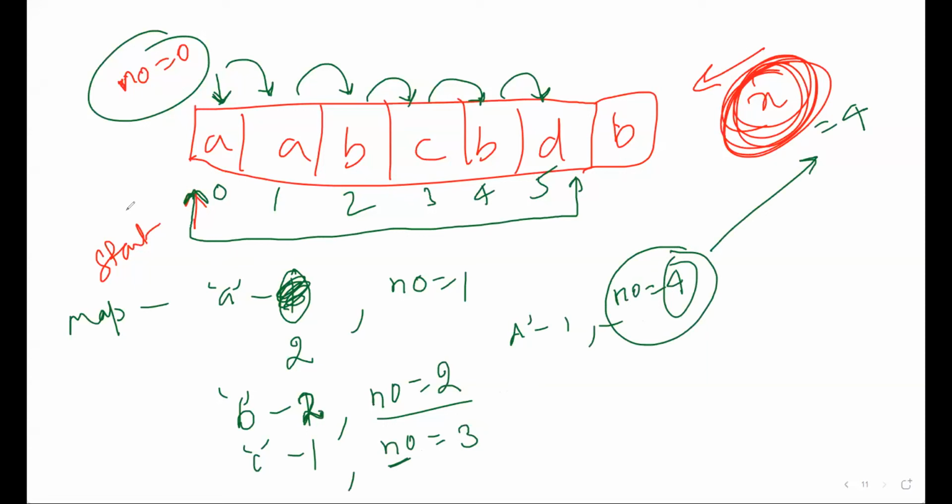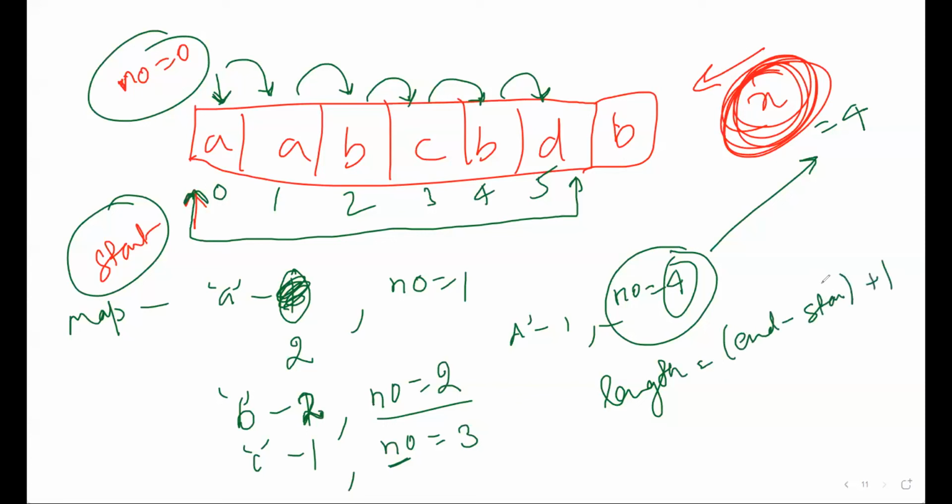Okay. So this start is nothing but the start point of my substring. So the length of my substring is going to be end point minus start point plus 1. This is the general formula. So if you do that, what is the end point?